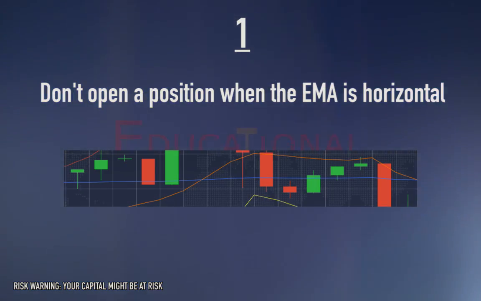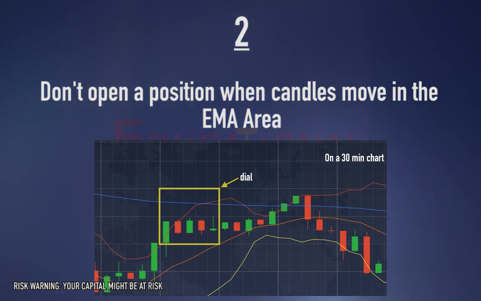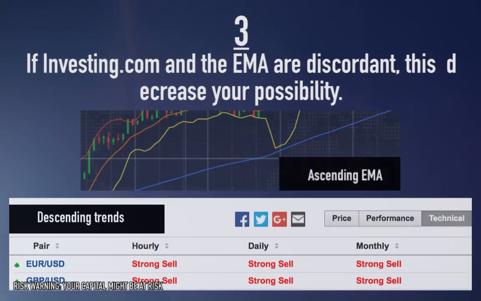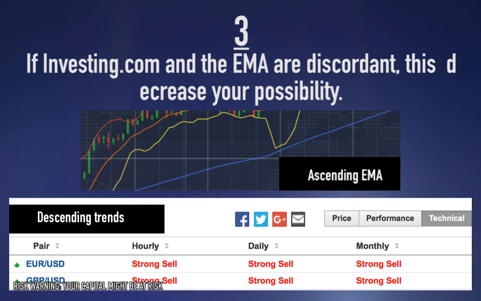1. Don't open a position when the moving average is horizontal. 2. Don't invest if the candles move in the moving average area. 3. If Investing.com and the moving average are discordant, this decreases your possibility to close positively your position. 4.